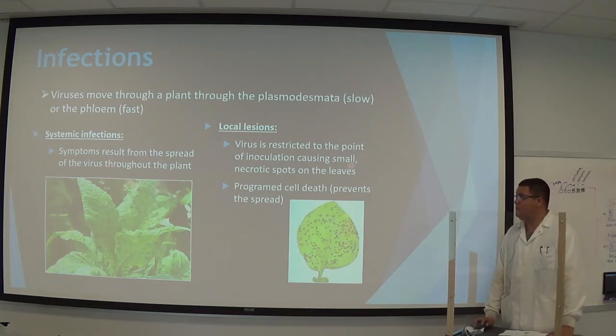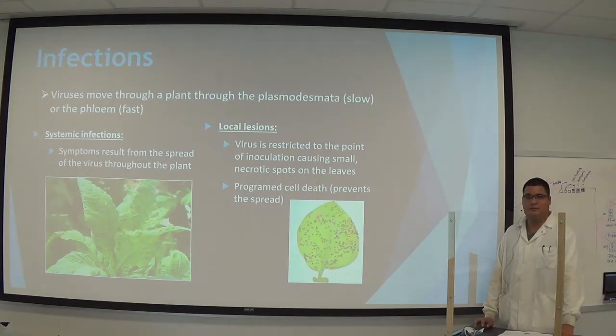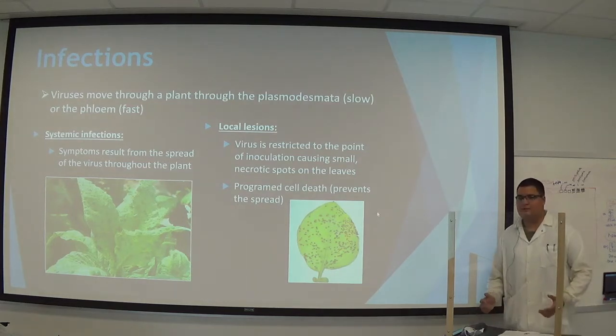So with these local lesions, let's look at local lesions over here first. The virus is restricted to the point of inoculation, causing small necrotic spots on the leaves. So with local lesions, the plant is able to recognize which cells are infected with the virus, and it'll actually kill the cells so that the virus cannot spread.